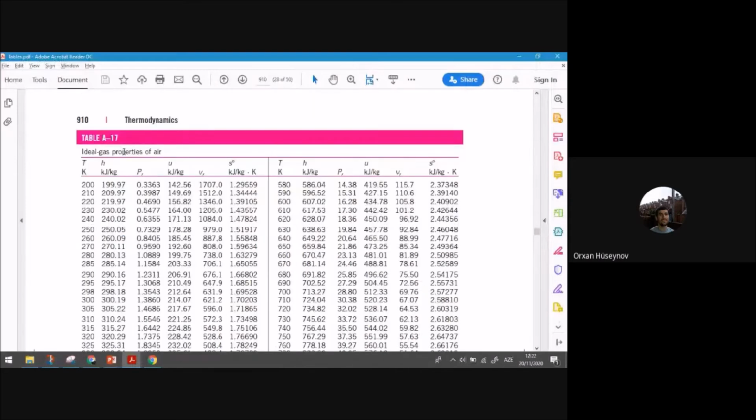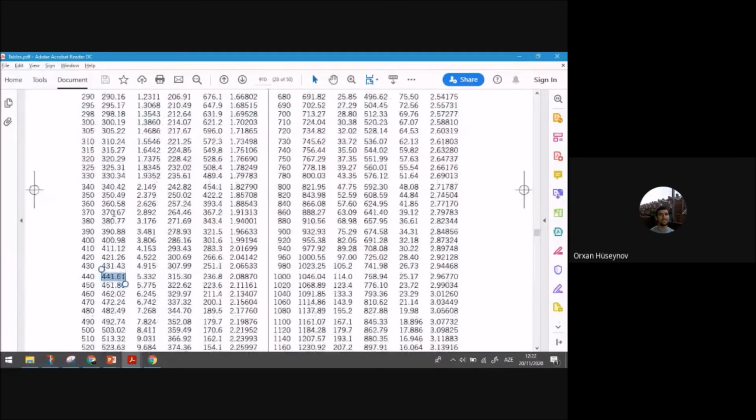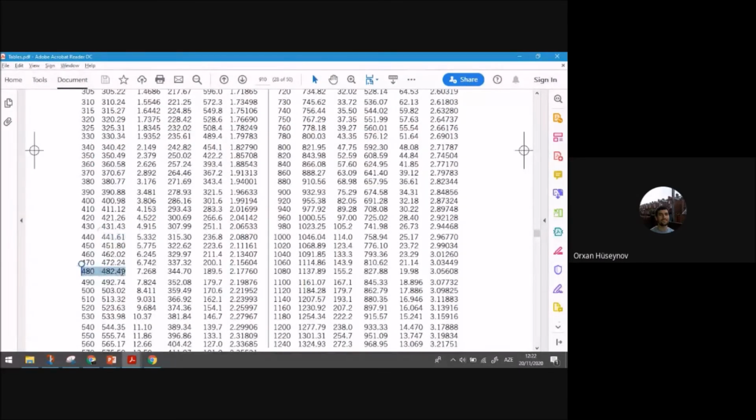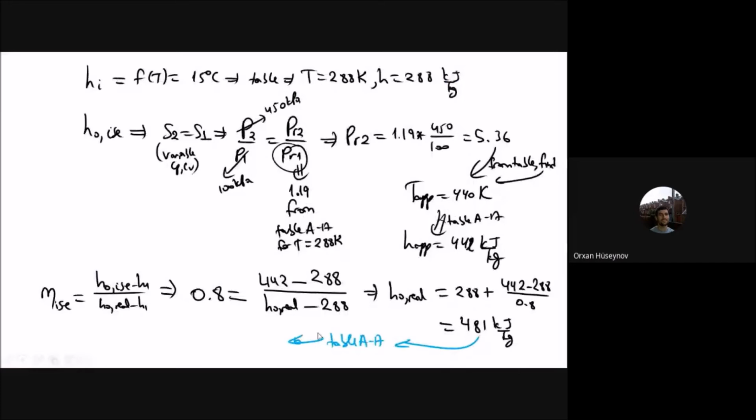From the ideal gas properties of air, the enthalpy is 481. For 480, it makes 482, and for 490, it makes 492. You have a temperature difference of 10 here and 10 here. It goes again one by one. If it is 481, it will be 483 kilojoules per kilogram.